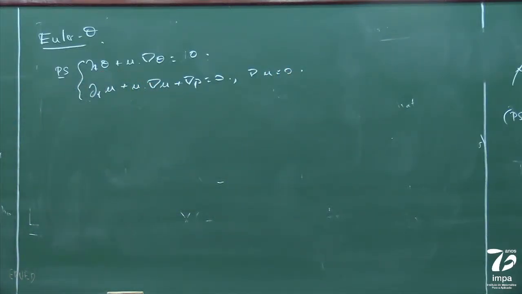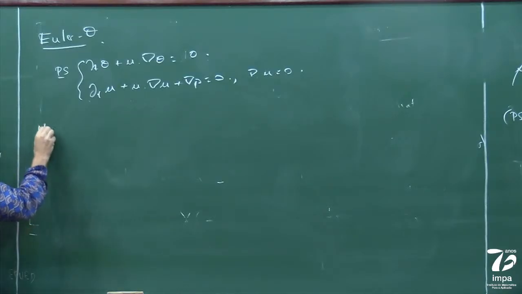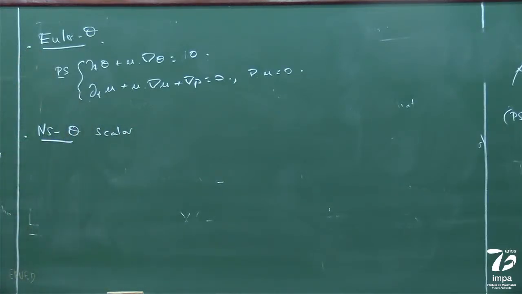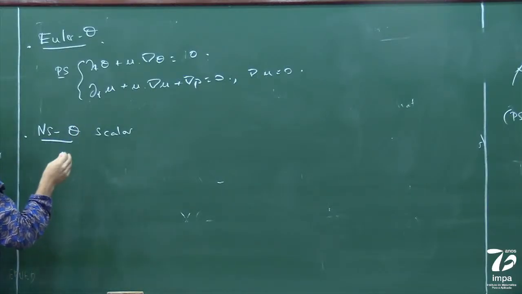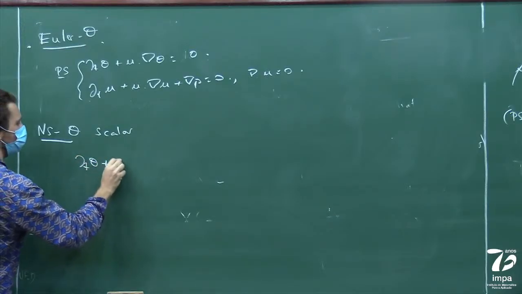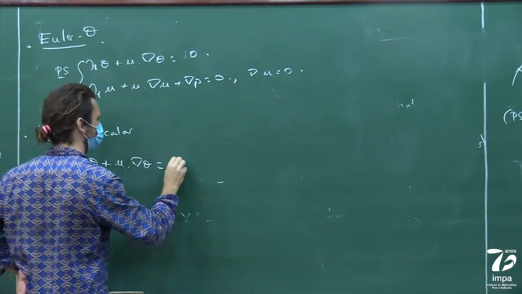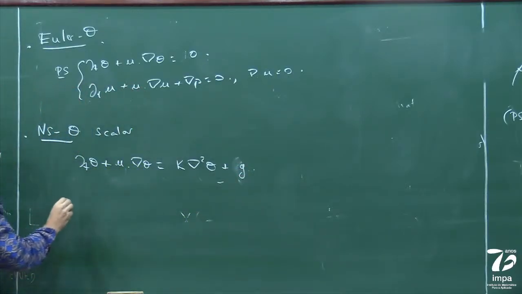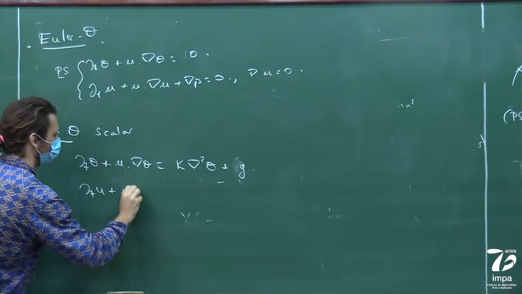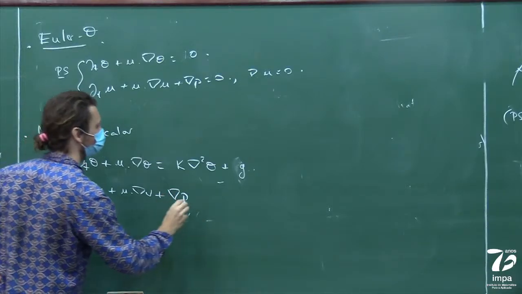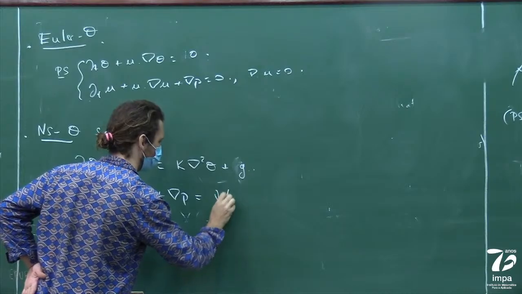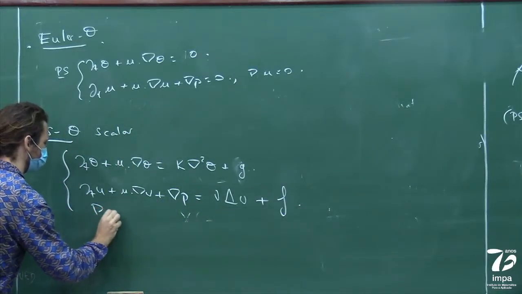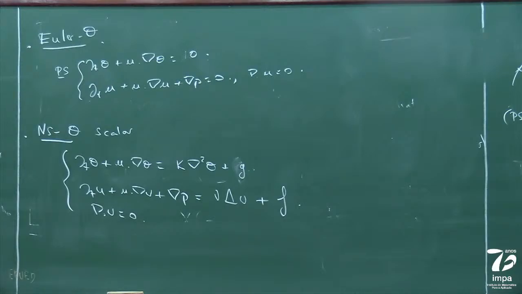And we can also define, of course, the NS theta scalar, a case where we will be interested in studying the joint pair of equations ∂tθ + u·∇θ, here in the presence of forcing, sorry, with G, and ∂tu + u·∇u + ∇p equals something which is also sustained by viscosity and forcing. Two categories of passive scalar, very natural.